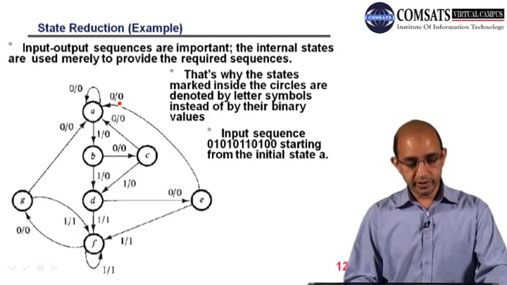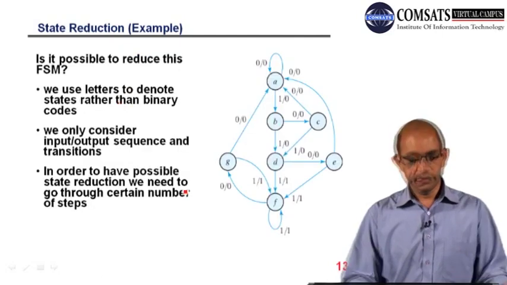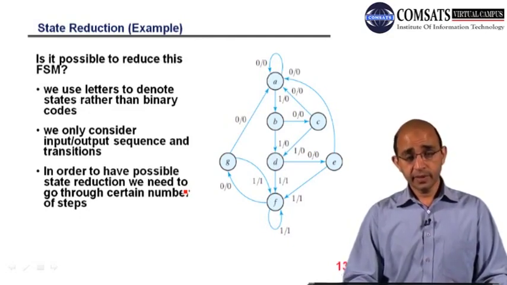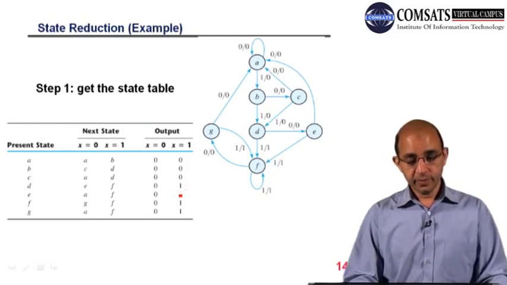We want to reduce the number of states of this state machine. One question we can ask is whether the reduction is possible or not, and we have to go through a certain number of steps to achieve the state reduction.